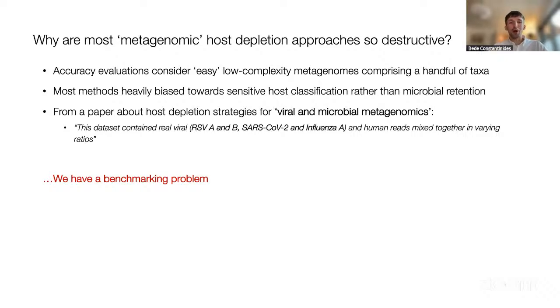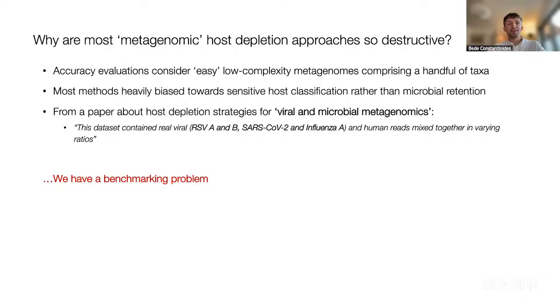Well, it becomes quite obvious why this is when you dig into the literature and look at how these methods were actually developed and how they were evaluated and what the objectives, what the goals were. So some of these methods were designed with very specific applications in mind. For instance, removing host reads from bacterial reads of a very particular species, a task at which they may perform very well, but that species may not share any resemblance to the human genome, which isn't the case for all bacterial genomes.